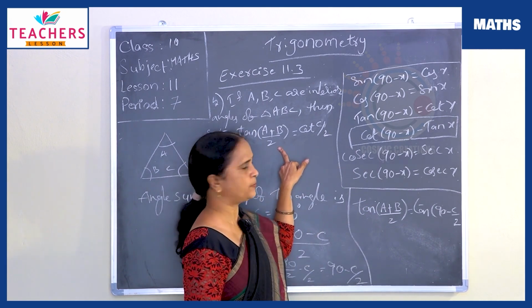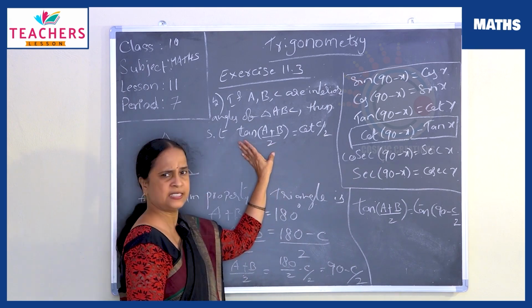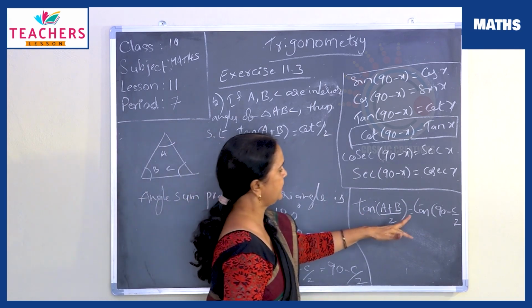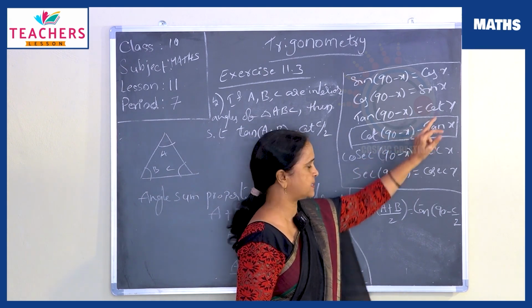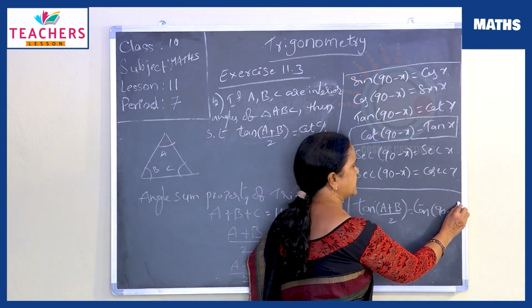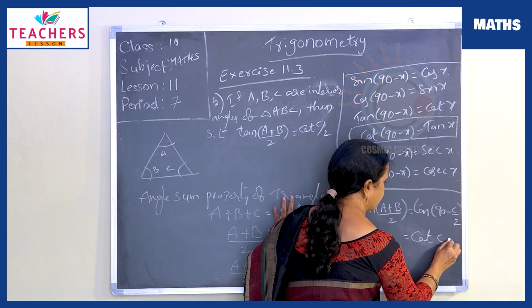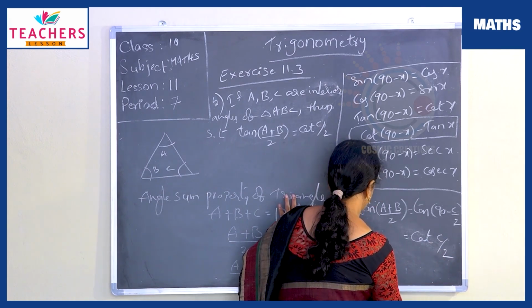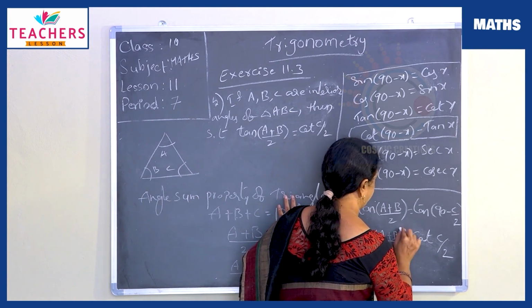Tan of (A plus B) by 2, just keep it like that because the LHS is the same. On the RHS, tan of (90 minus x) is going to be cot x. So tan of (90 minus C by 2) is going to be cot C by 2.